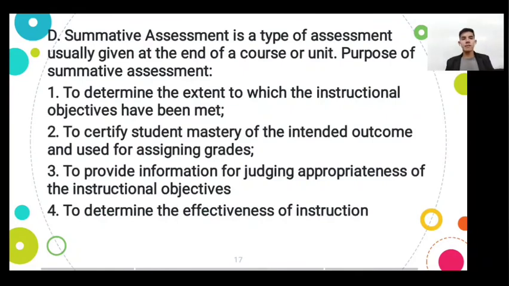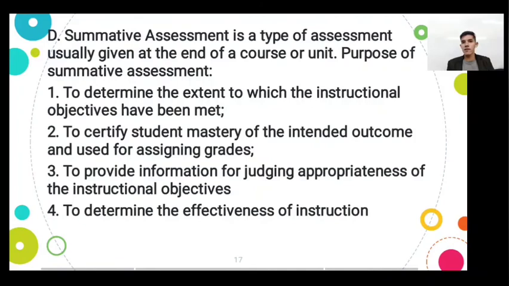Okay, next we have summative assessment. Again, summative assessment is also called assessment of learning. Okay, summative assessment of learning. So this is a type of assessment usually given at the end of a course unit.